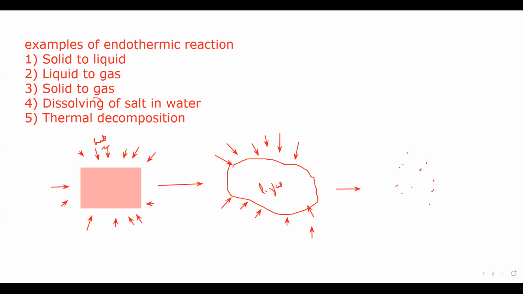Dissolving of salt, for example, you take a container and you fill it with water, and we add the crystals. For example, we are adding salt crystals. When we add this, the salt will not dissolve by itself. What we have to do is stir it, or supply heat energy.